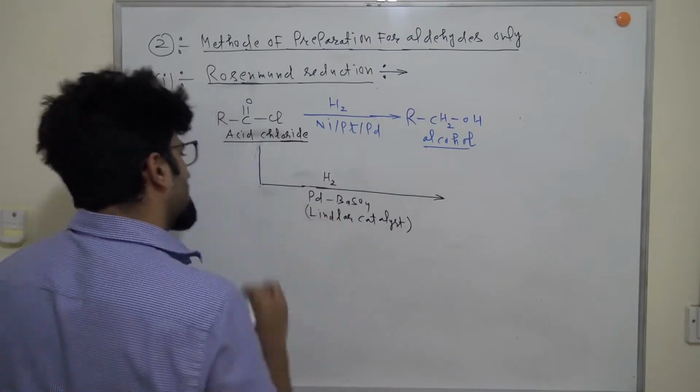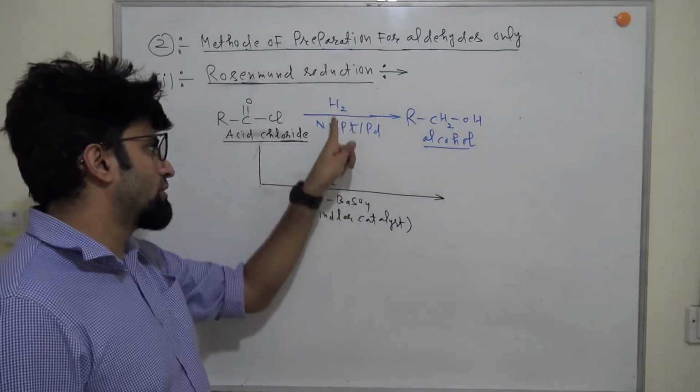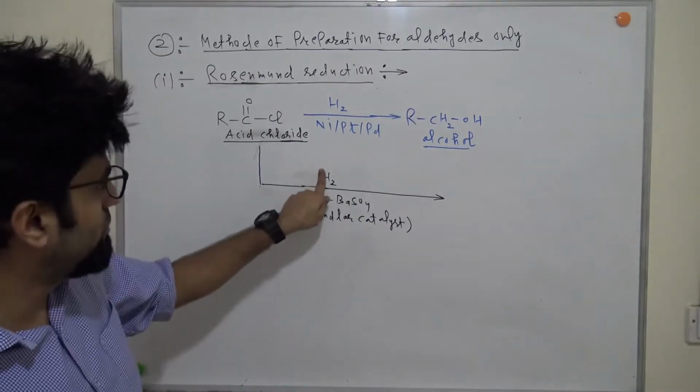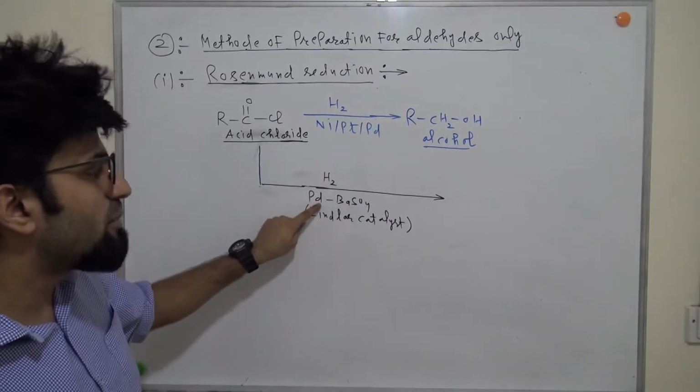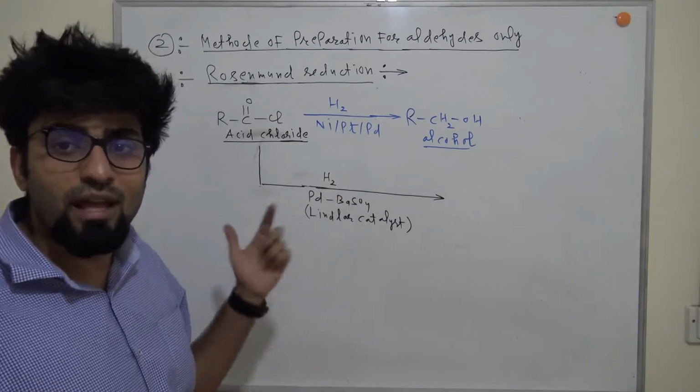Okay, so what is the difference here? The slash means you can use either palladium, nickel or platinum. Now I'm using H2, hydrogenation, with palladium as the metal and barium sulfate. So a magic will happen here.